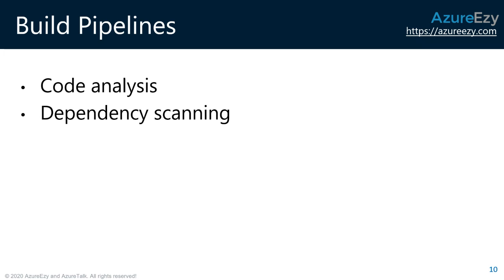Then the next thing that you will be looking at is dependency scanning. When you are building an application, probably a .NET application, you would be looking at what the packages are. For example, in .NET there are NuGet packages that might be part of your project, which might be coming from the open source world, or from internal organizations.